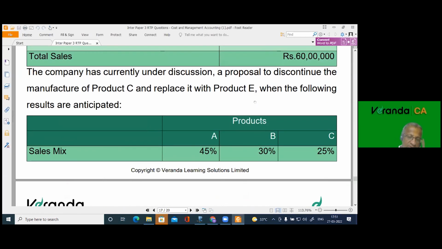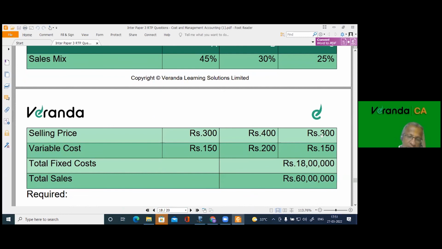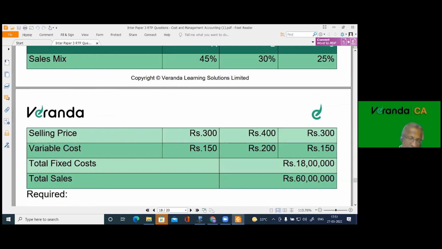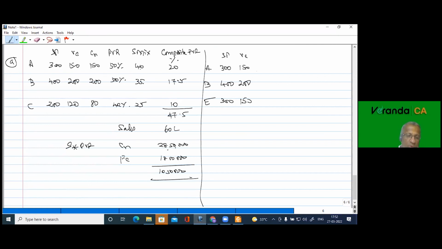For E, we will pick it up as 300. Selling price, variable cost: 150, 200. What is the variable cost for E? This is 150. So your contribution per unit is 150, 200, 150. Take up the PV ratio: 50%, 50%, also 50%.